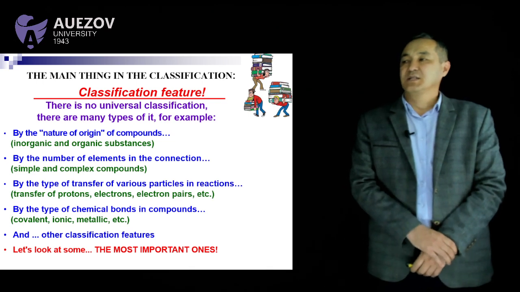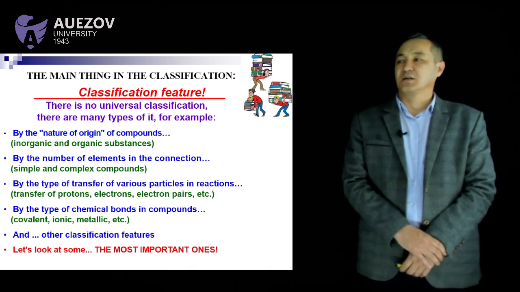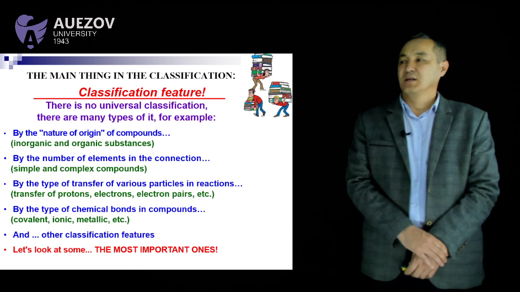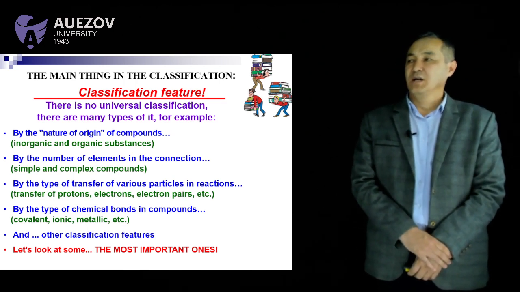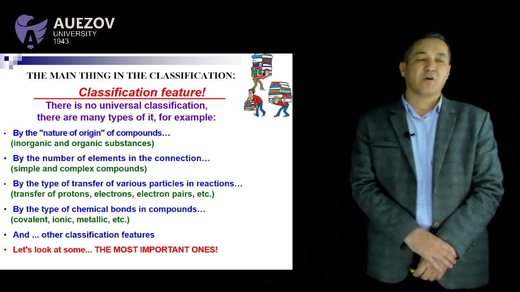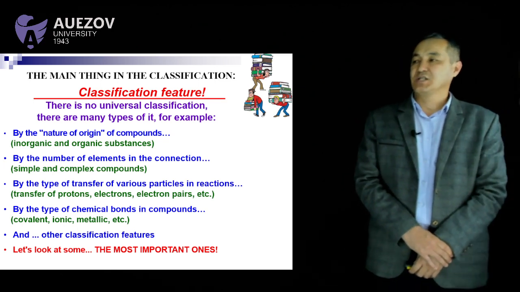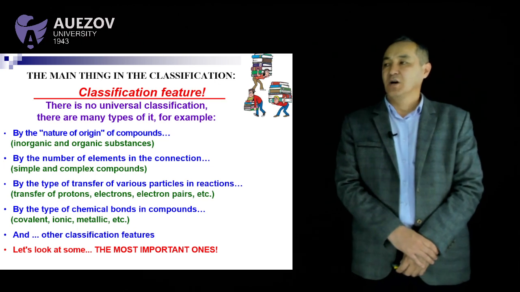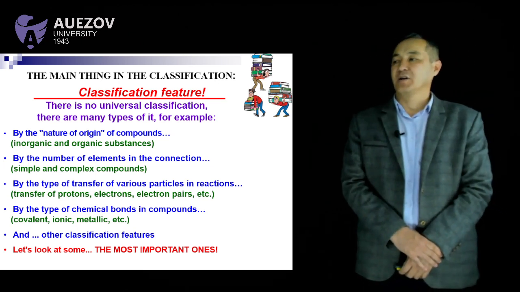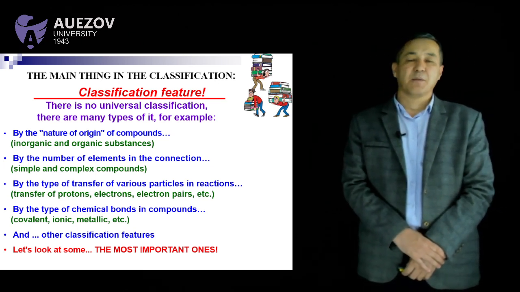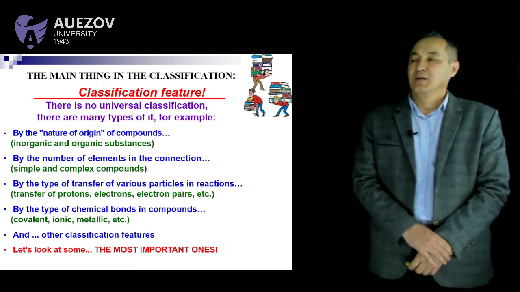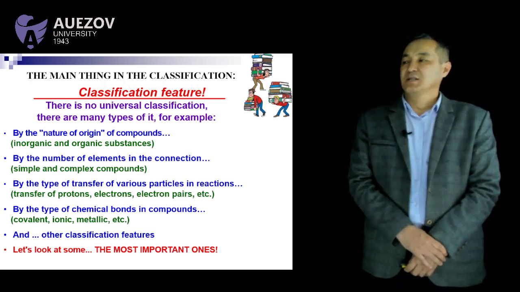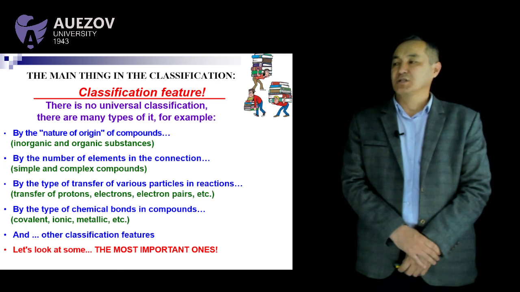The main thing in the classification: there is no universal classification today. There are many types of it. For example, by the nature of origin of compounds, inorganic and organic substances. Second, by the number of elements in the chemical substance, simple and complex compounds.